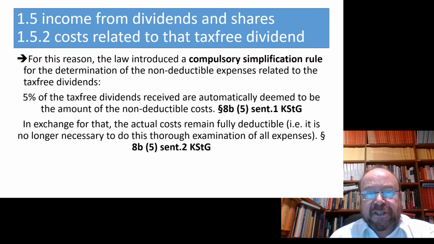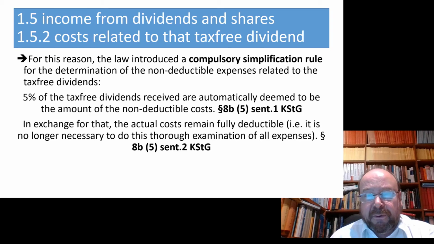So in exchange, naturally, for using that 5% estimate, the actual expense which you had does not need to be checked anymore, even if you positively know that a bit of your expense or even a big amount of your expense is definitively related to generation of the dividend income. It plays no role anymore. The simplification is a simplification, so it always applies.